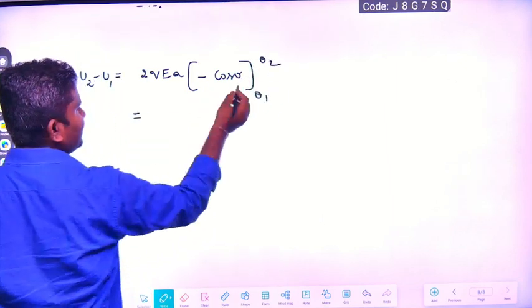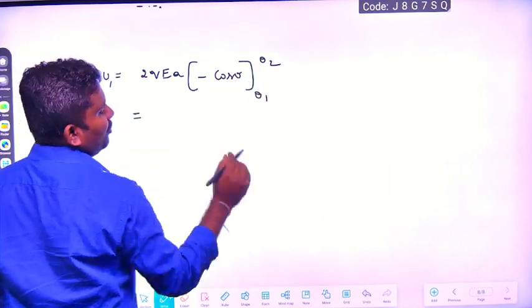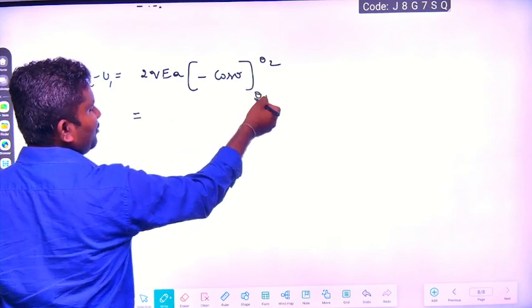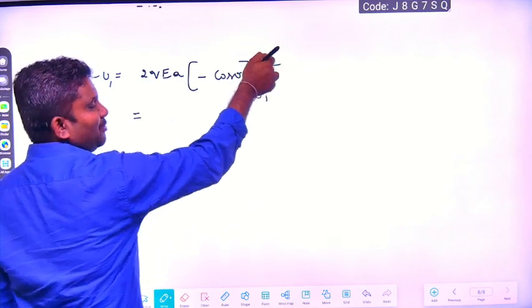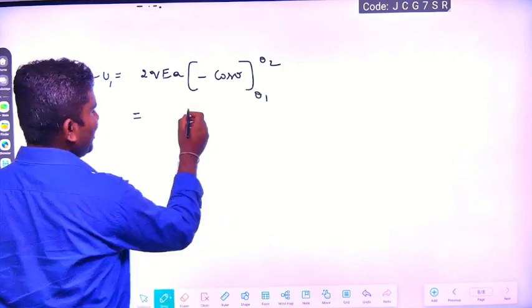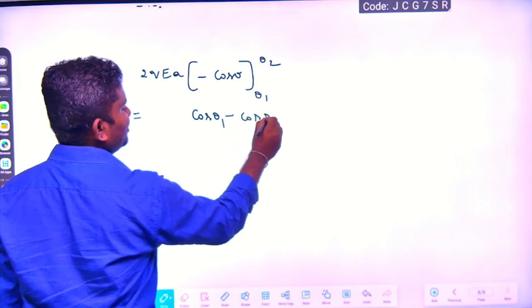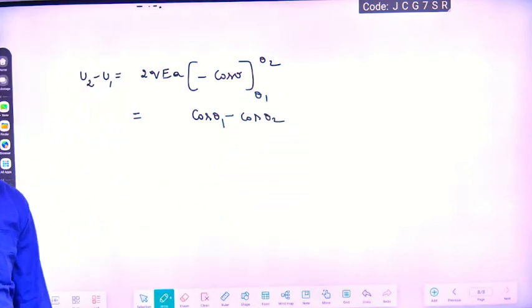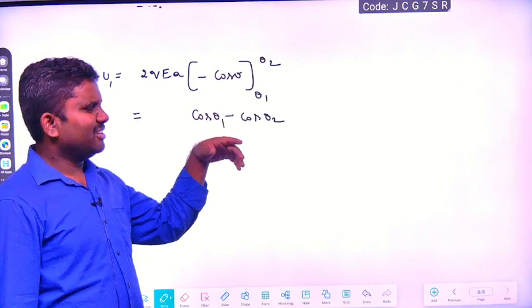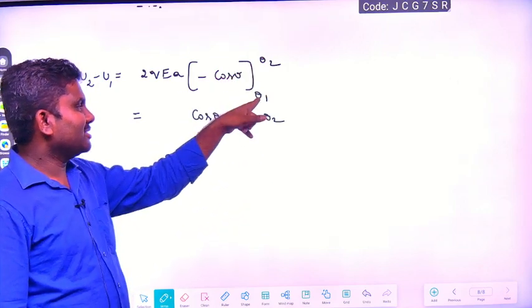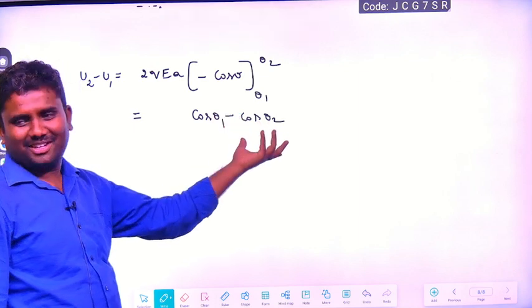Now, whenever a minus is there, my logic is to take the lower one first. What is the lower one? Cos theta 1 minus the upper one, cos theta 2. If you are confused, you take cos theta 2 negative, minus of minus, plus cos theta 1. You will get the same thing.